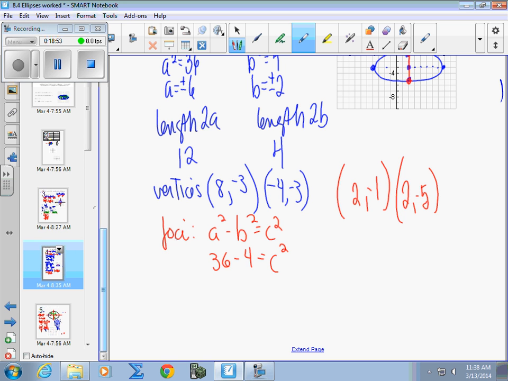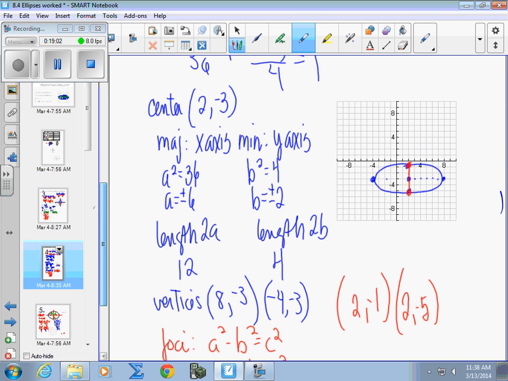So we have C squared is equal to 32, or C is equal to the square root of 32. We know that that is between 5 and 6. So we'll go over 1, 2, 3, 4, 5 and a little bit more, and 1, 2, 3, 4, 5 and a little bit more. So we have focus 1 and focus 2.